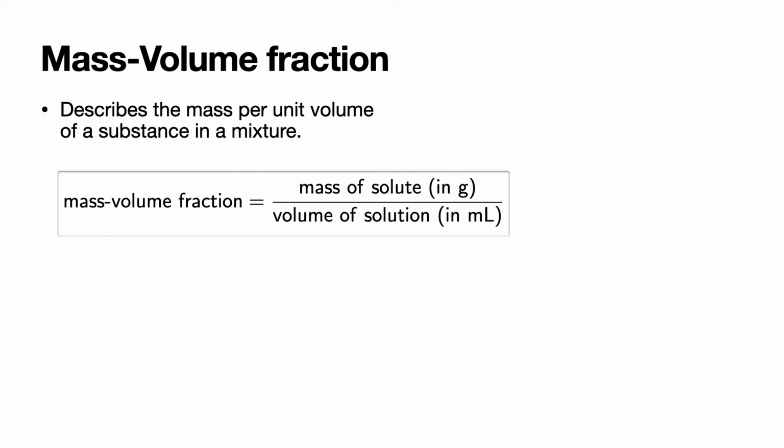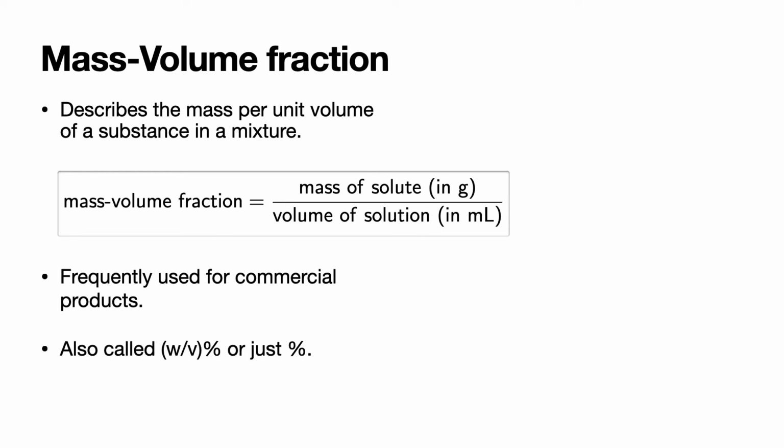And so this isn't quite as crazy as it looks, although I'll admit it does look pretty crazy. And this is also frequently used in commercial products, and it's sometimes called the weight per volume percent, or again, it's sometimes used just being labeled percent.